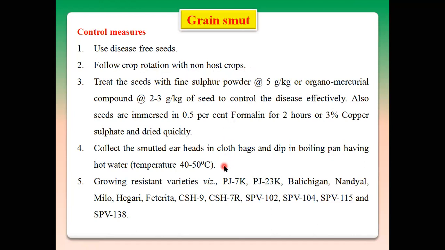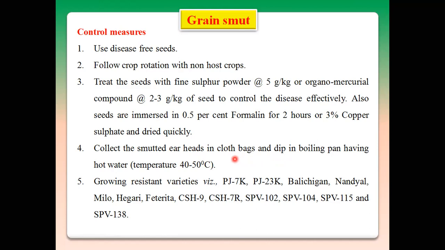Or suppose the disease has already been produced and developed symptoms on airheads. So collect these airheads. Do not break the infected seeds. So collect these smutted airheads in gunny bags or cloth bags.